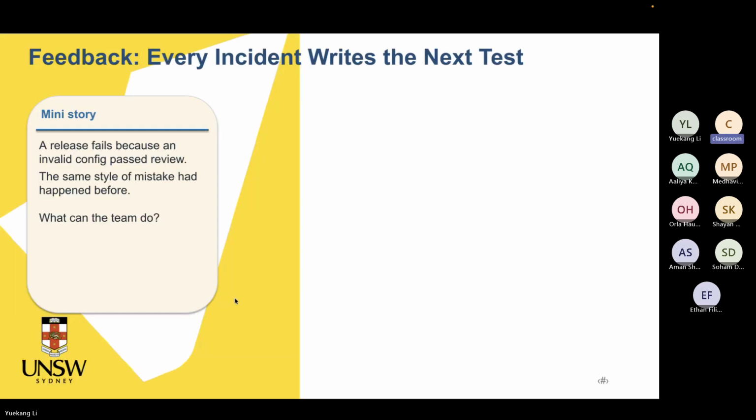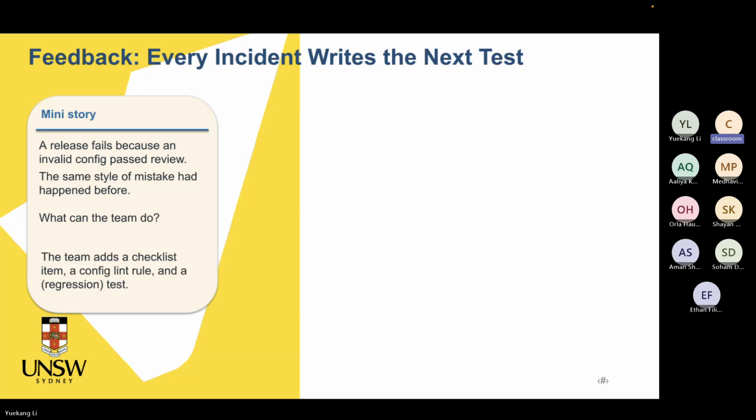And here's an example. If a release failed because an invalid config passed the review, which means that there was a bug in one of the releases in the history of the software, and the same style of mistake had happened before, what can the development team do?